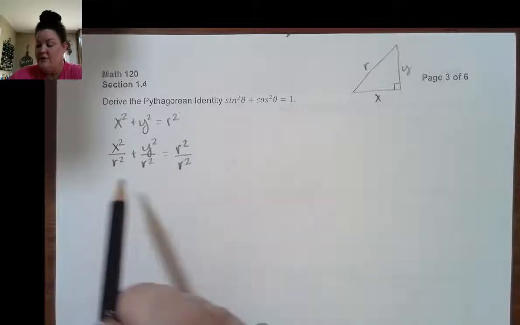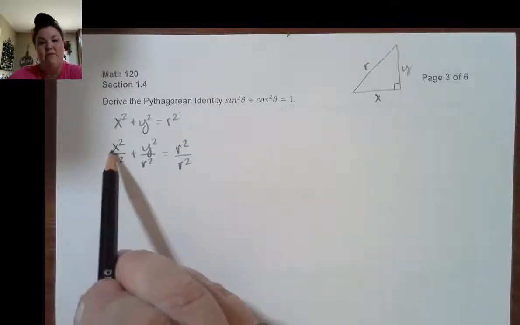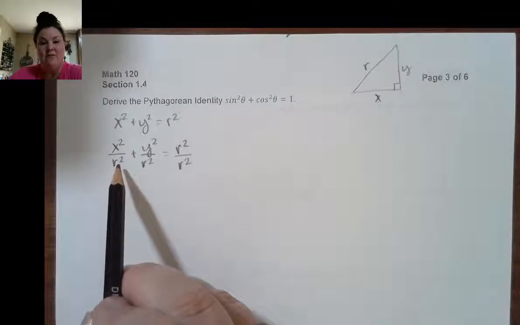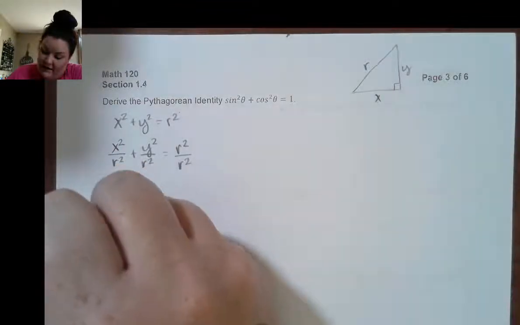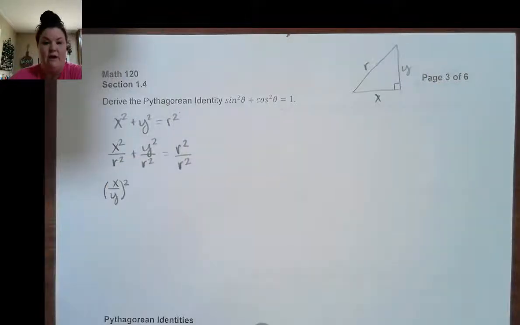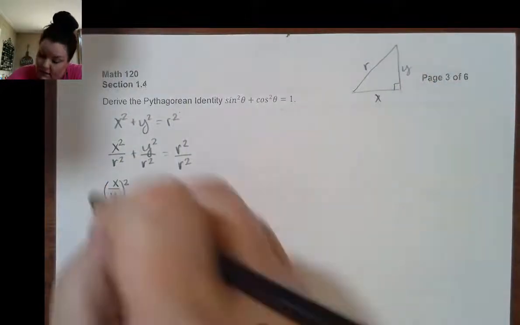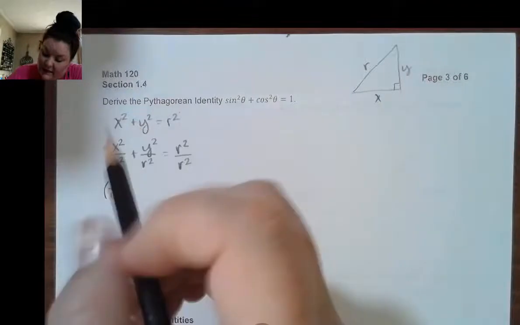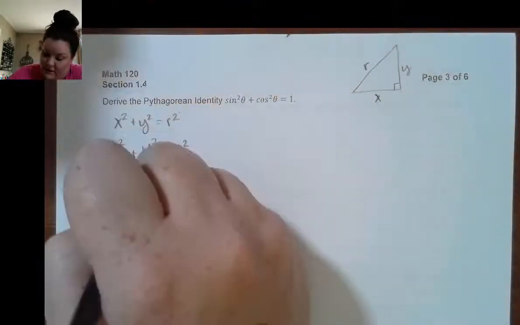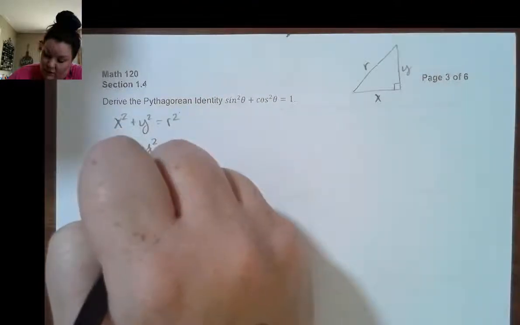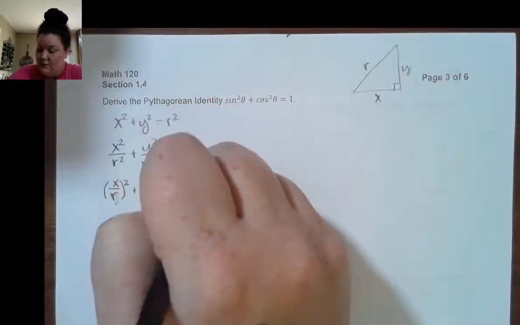These other two, when I have the top of a fraction squared and the bottom of a fraction squared, I can actually write that as the whole fraction squared, right? Oops, I didn't mean to write a y. I meant to leave that as an r. Okay? And then I can do it for the next term as well. This is the same thing as y over r squared equals 1.